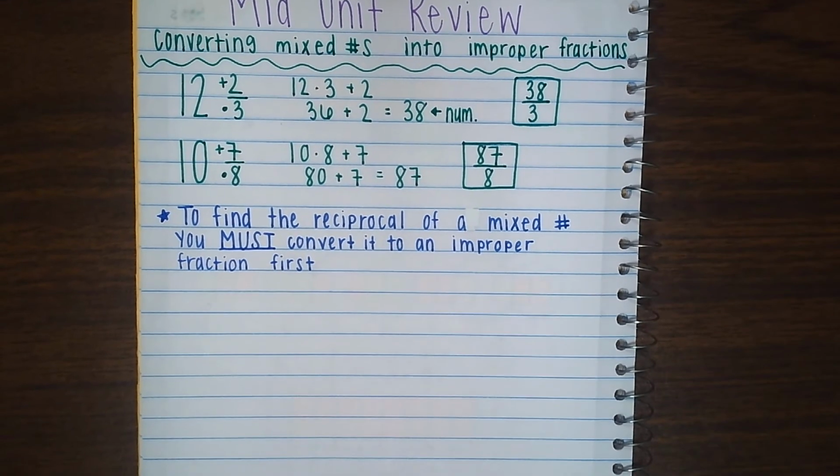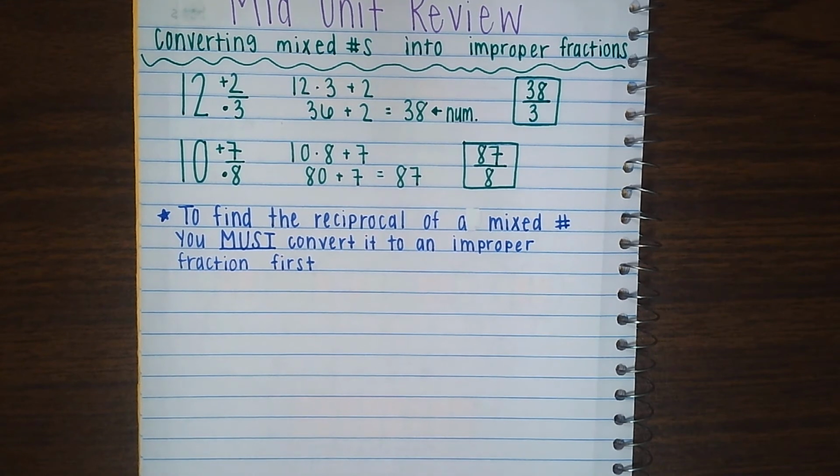To find the reciprocal of a mixed number, you must convert it to an improper fraction first.